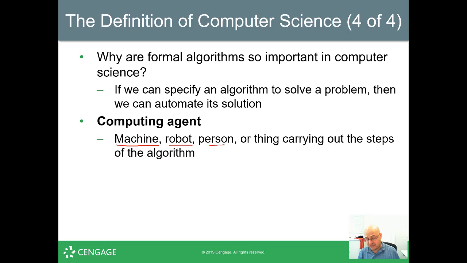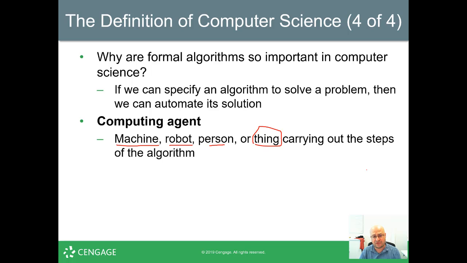For instance, if I've never baked a cake, but you give me a good recipe, I'll probably be able to bake it to perfection. So it's just an organized way of representing a solution to a problem so that anything that carries out the steps of the algorithm is able to solve the problem.